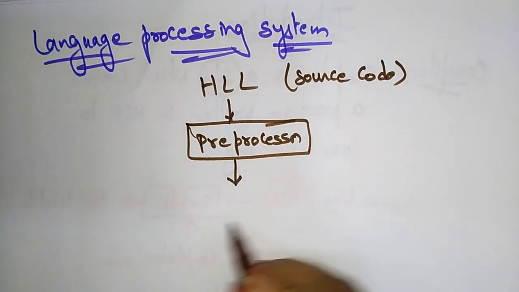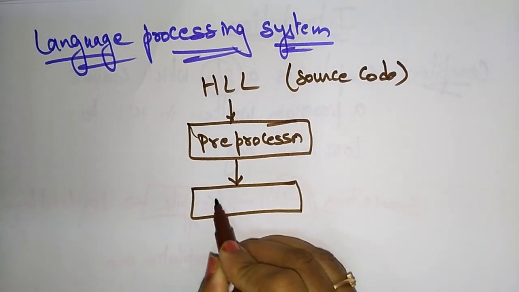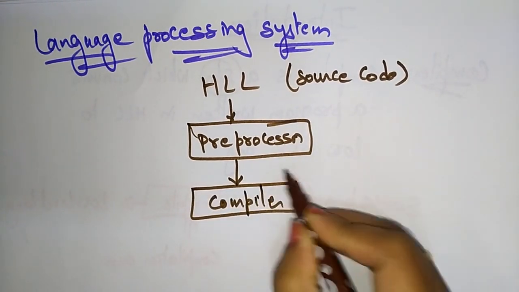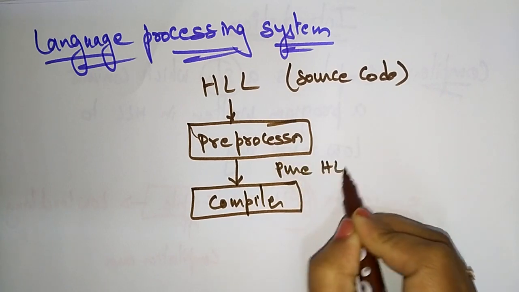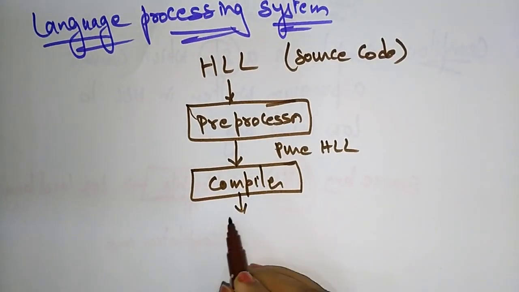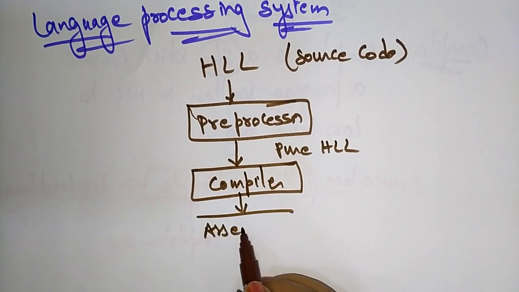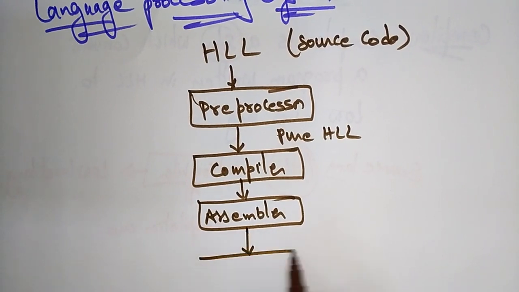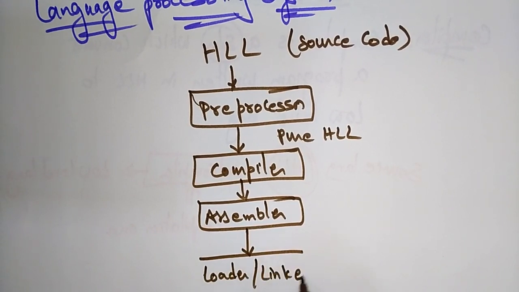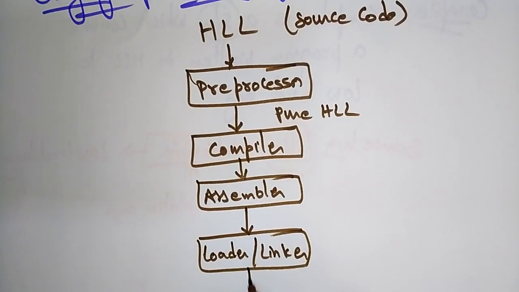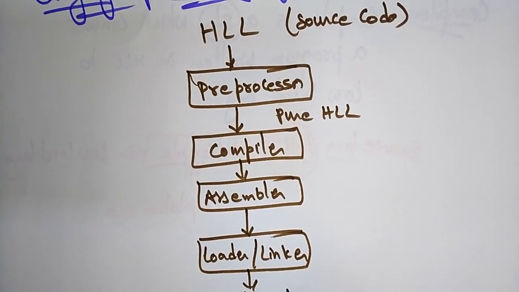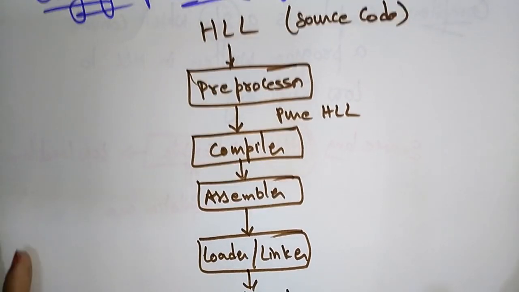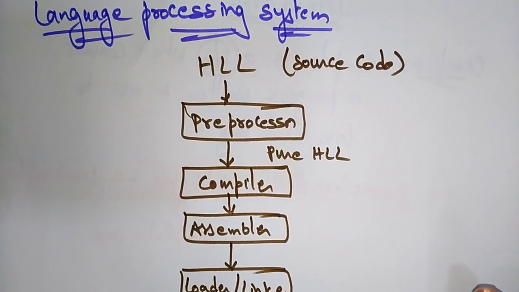The preprocessor is connected to the compiler, which gives pure high level language code, and then an assembler. First let me write the phases, the stages, and next I'll explain what each stage does. Then the loader or linker, and finally you get the absolute machine code, whatever the system can understand. So this is the language processing system.